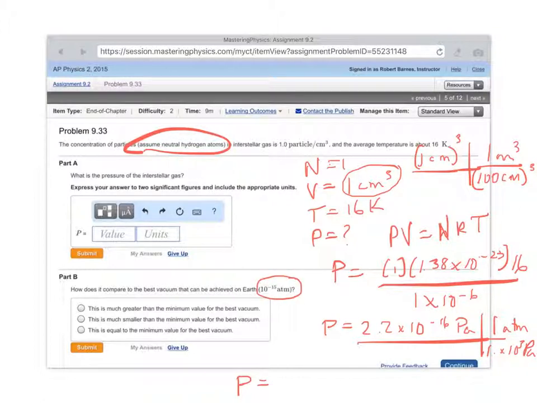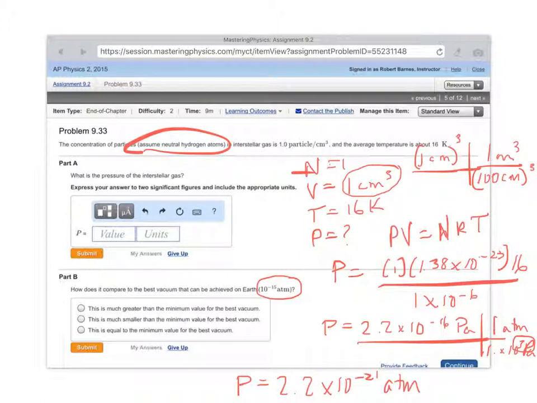Actually, I can give my answer in terms of pascals most likely, but we have to compare it to atmospheres in part B. So I get 2.2 times 10 to the negative 21, obviously, because all I'm doing is, that 5 right there is my exponent. Doesn't look like it, but subtract 5 from 16 because it's in the denominator, and you get a negative 21.